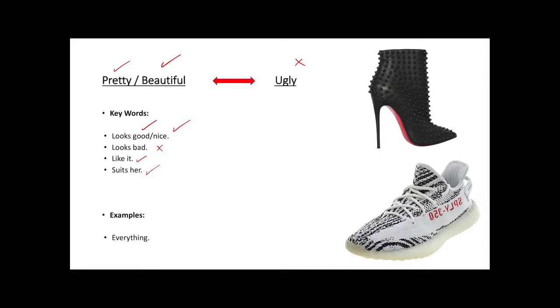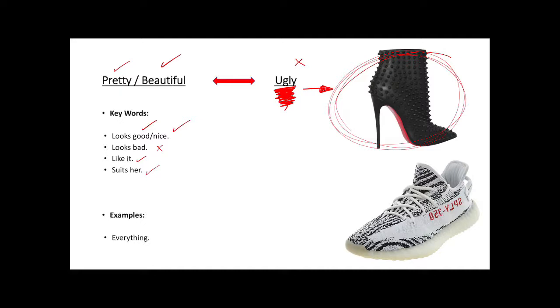This is difficult to give examples because it depends on your opinion. For this shoe, in my opinion, I think it's very ugly. I do not like this shoe. But maybe you have a different opinion to me. Maybe you think this shoe is very, very beautiful.